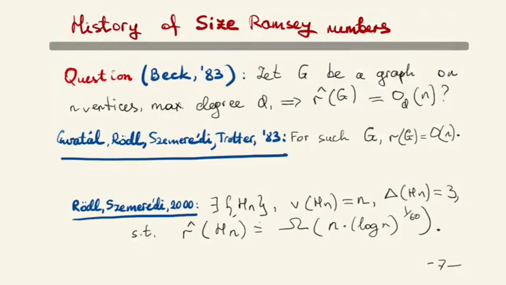What that tells you is that if you take the size Ramsey number of such G, then it's at most R(G) choose 2, right? This was the easy fact we saw before, which means that this is O(n squared).